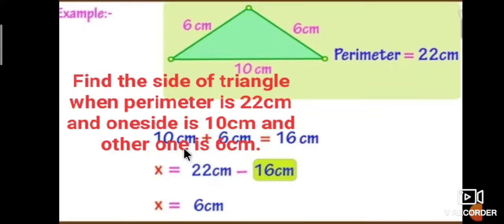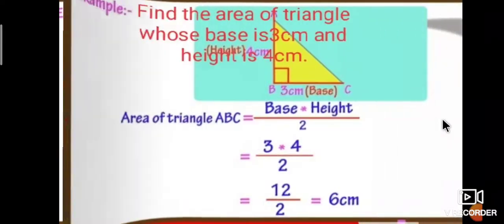According to that, 10 centimeter plus 6 centimeter is equal to 16 centimeter. Then 16 plus x centimeter is equal to 22 centimeter, that is the perimeter. Therefore, x is equal to 22 minus 16 centimeter, that is equal to 6 centimeter. Therefore, the third side of the given triangle is 6 centimeter, because the sum of all sides is equal to the perimeter, that is 22 centimeter.